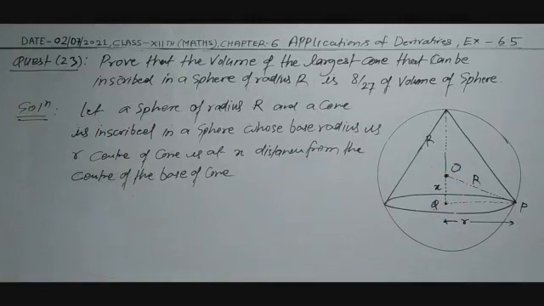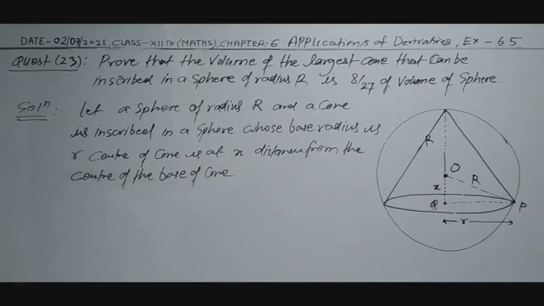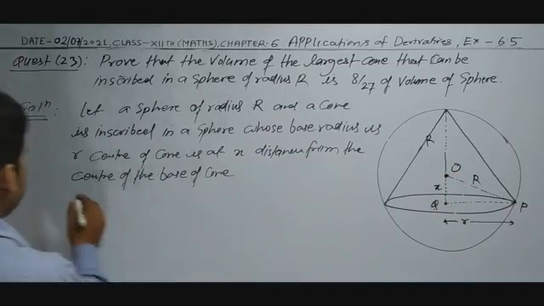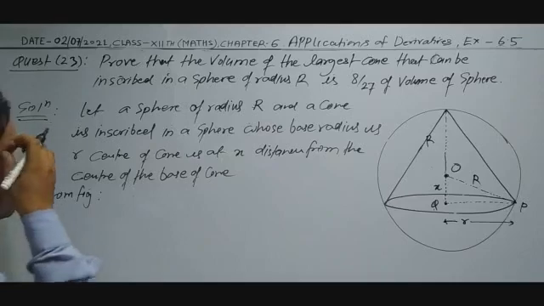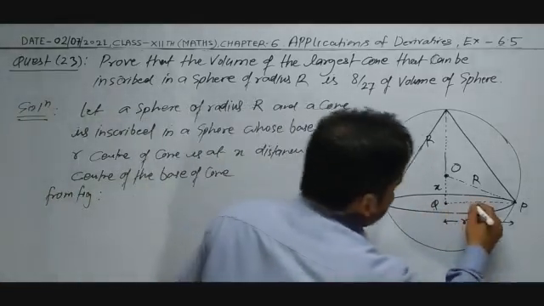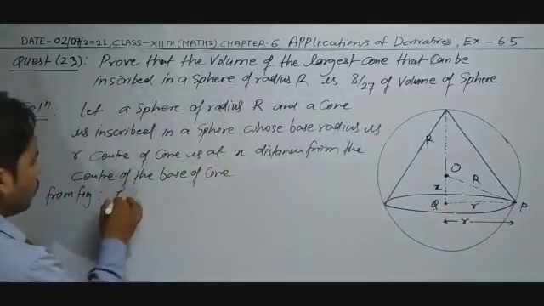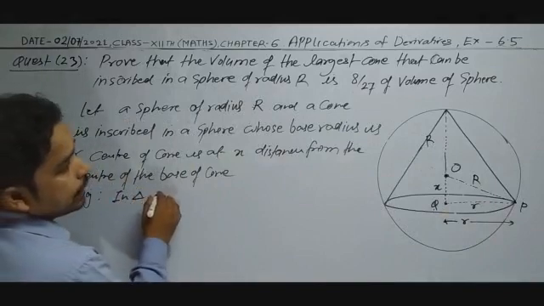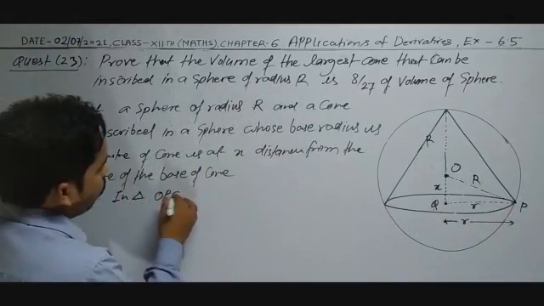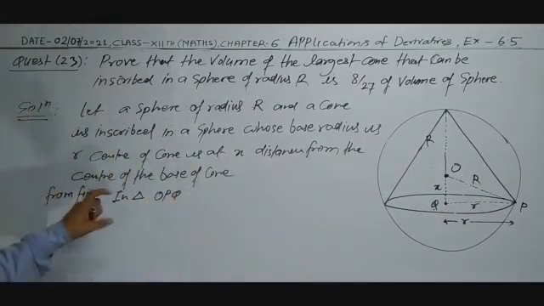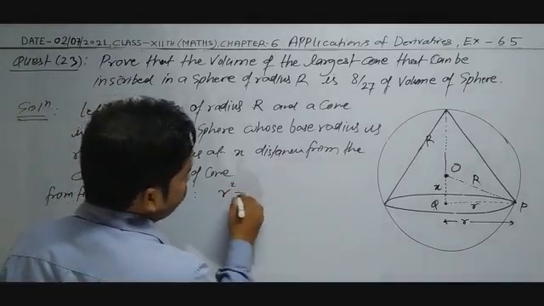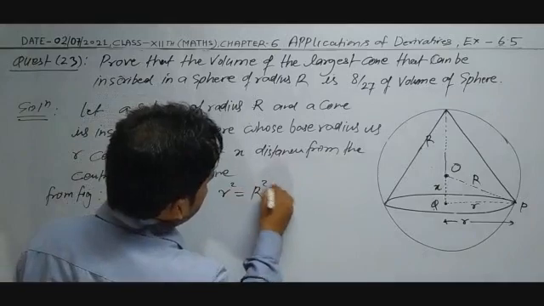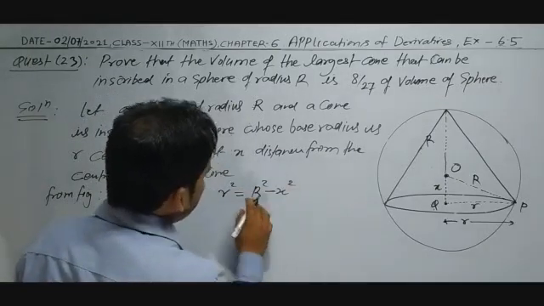So now from the figure, in triangle OPQ, r square can be written as capital R square minus small x square.